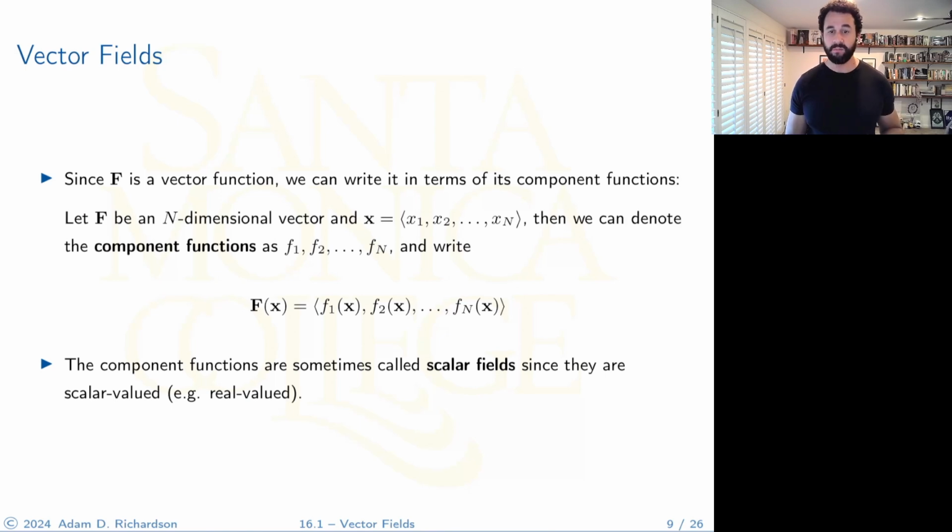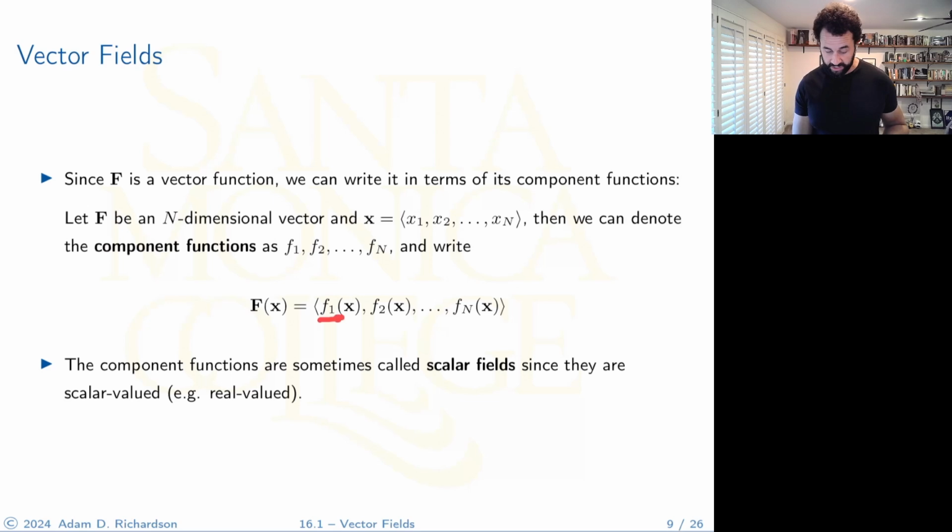Then we can denote the component functions of capital F as f1, f2, dot, dot, dot, all the way up to fn. And we can write the vector field, capital F, as a vector of all these component functions: first component function f1 evaluated at x, f2 evaluated at x, dot, dot, dot, fn evaluated at x. And that's what capital F is really doing.